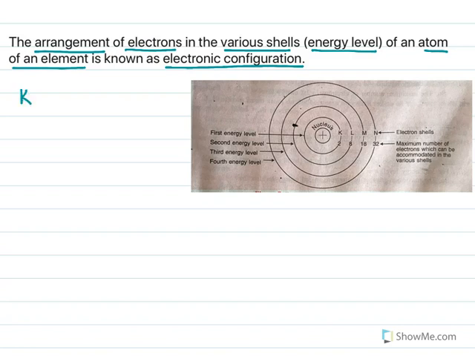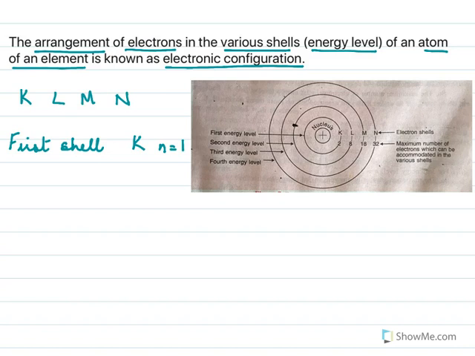Now we know we have a couple of shells like K, L, M and N, and these can accommodate electrons. Now the electrons accommodated in each shell is not equal. We will learn now how to arrange these electrons in these different shells. Now for the first shell, the first energy level is K, and we have n equal to 1 because it is the first shell.